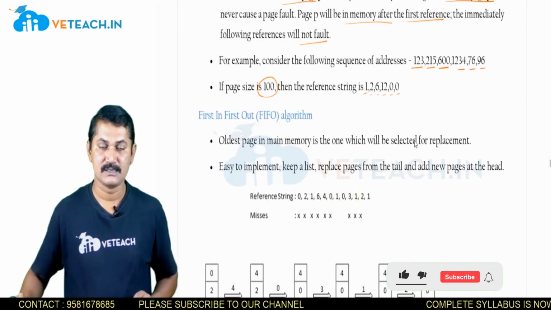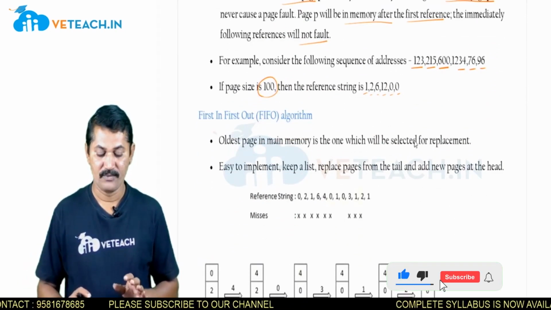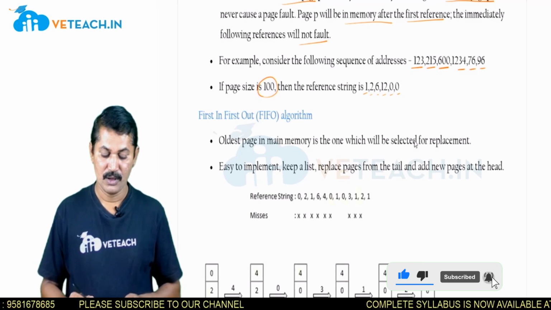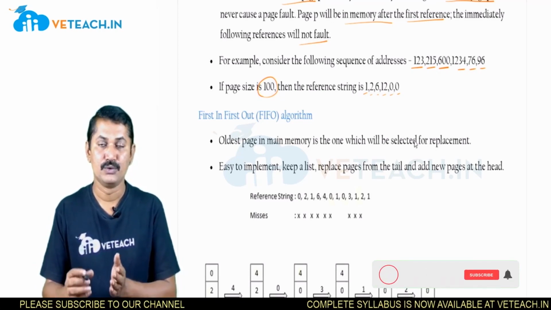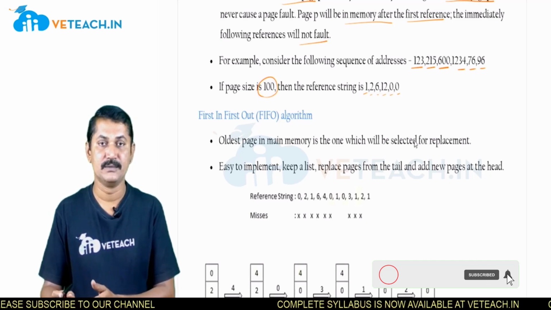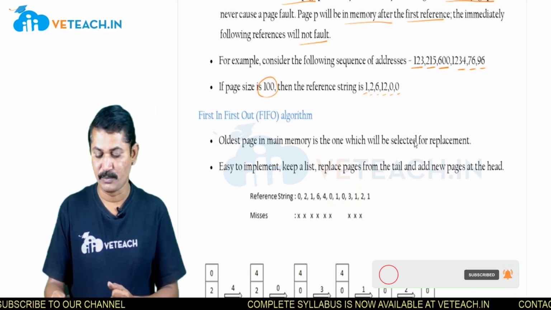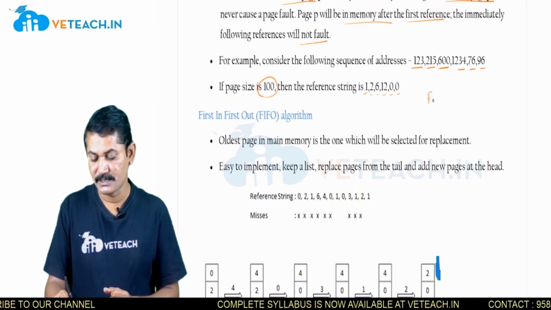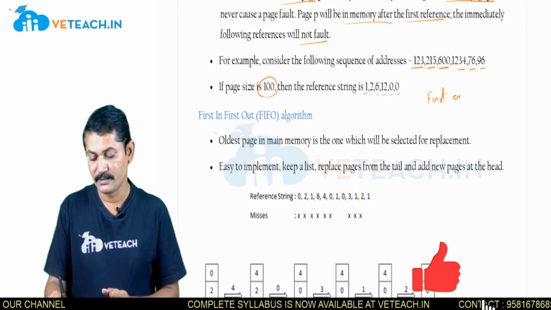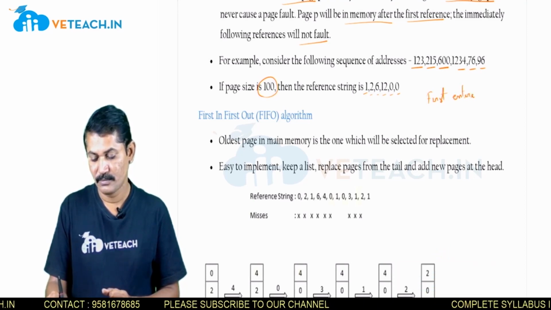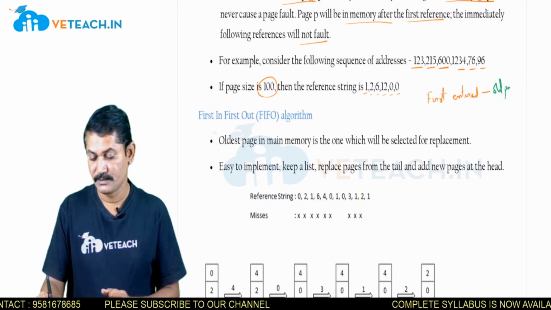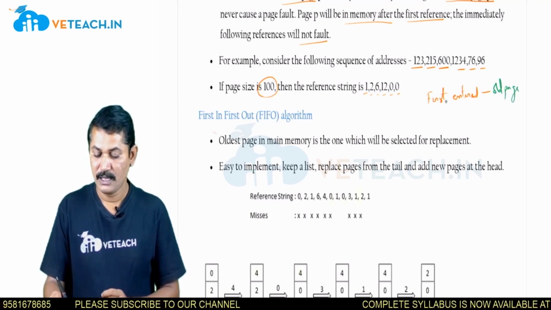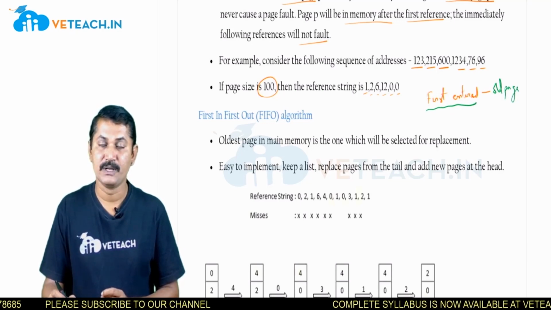Among them, the first one is FIFO, that is the first in first out algorithm. Here the oldest pages are considered for replacement. First in first out means the page that entered first will be treated as the old page, so the first entered page has to be replaced.